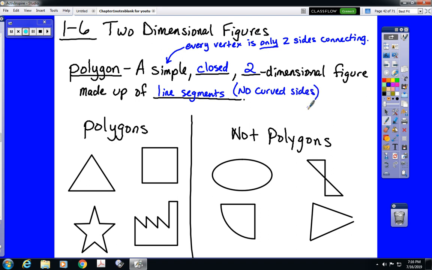So down below here we have some examples of some polygons and some non-polygons. I tried to make some that were a little bit more complicated and some that were more like what you expect to see. So on the left here you see a triangle. It's actually an equilateral triangle. A quadrilateral or square. A decagon, that is a 5-pointed star.